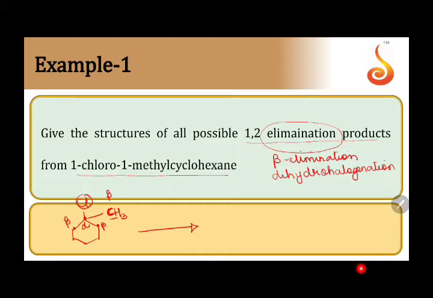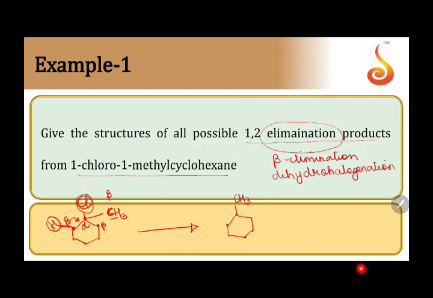So if halogen is abstracted from alpha carbon, hydrogen will be abstracted from beta carbon. First let me remove this hydrogen. If I remove this hydrogen, this bond will come here between these two carbons. So here we lost Cl, but we still have CH3.